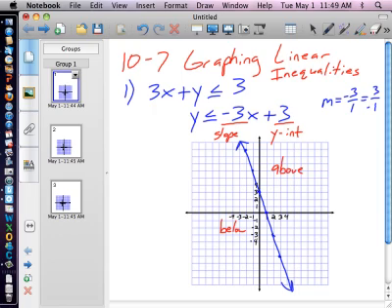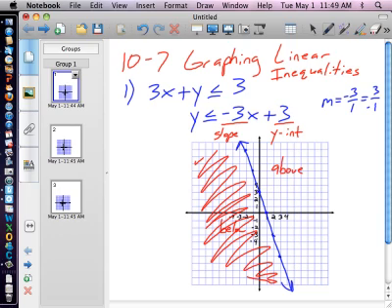The y is less than. So the negative 3x plus 3 is the line. The y, meaning how high or how low it is, that's what we're talking about. So we want the y to be below the line, because it's less than. So we shade everything below the line.